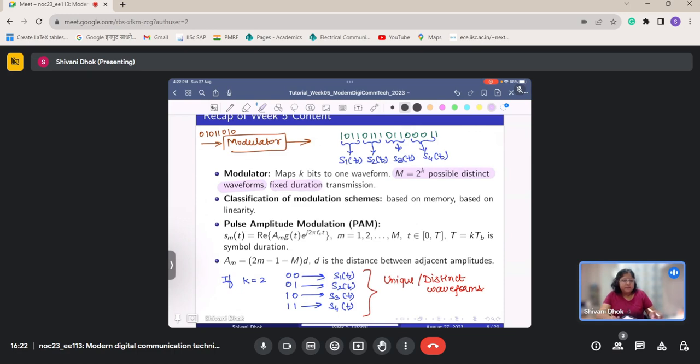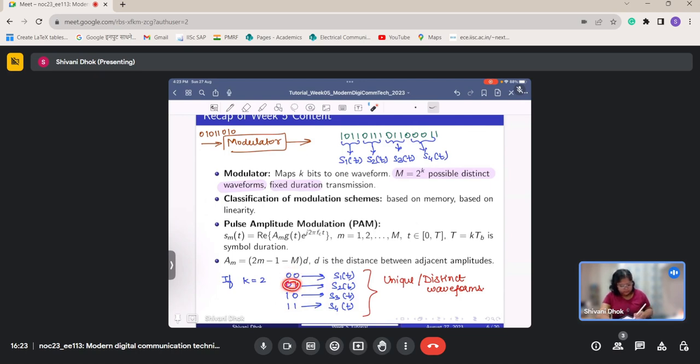It was mentioned in the lecture that what differentiates analog and digital modulation techniques is that, after looking at the group of bits, I have to choose one of these waveforms. After grouping, if the two bits are 0 0, I will choose s1(t).